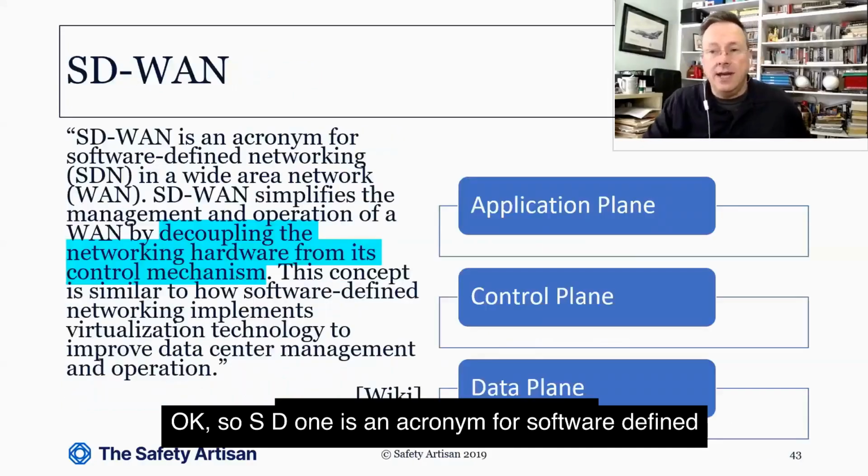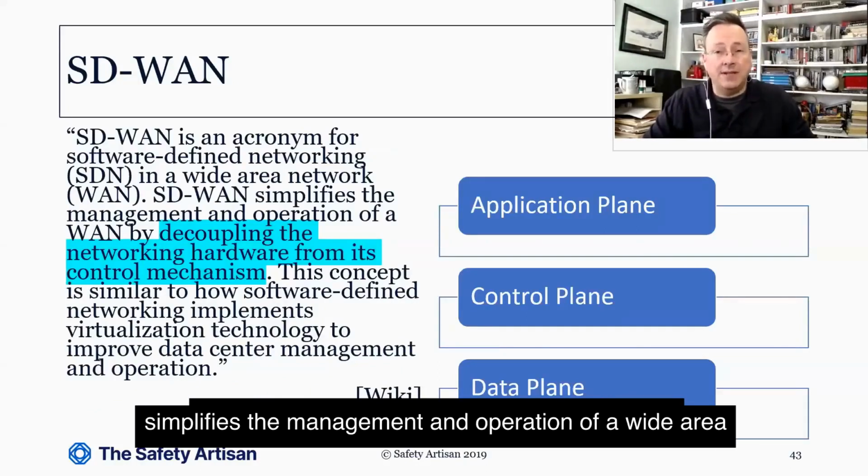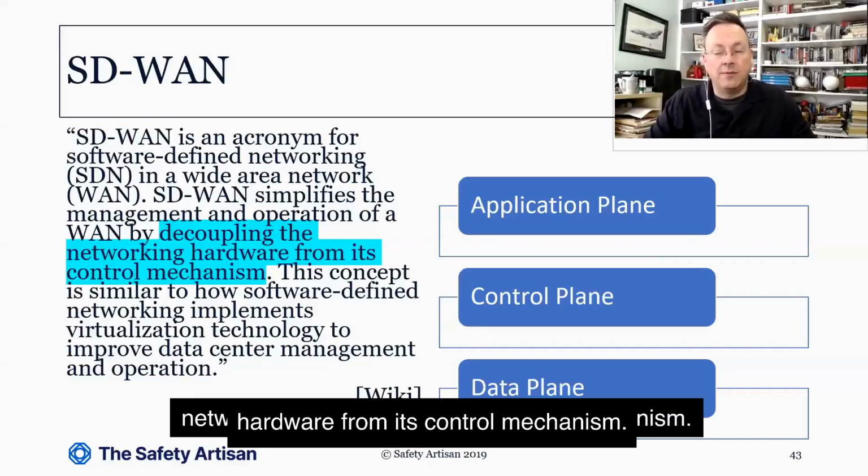Okay, so SD-WAN is an acronym for software defined networking, SDN, in a wide area network. SD-WAN simplifies the management and operation of a wide area network by decoupling the networking hardware from its control mechanism.